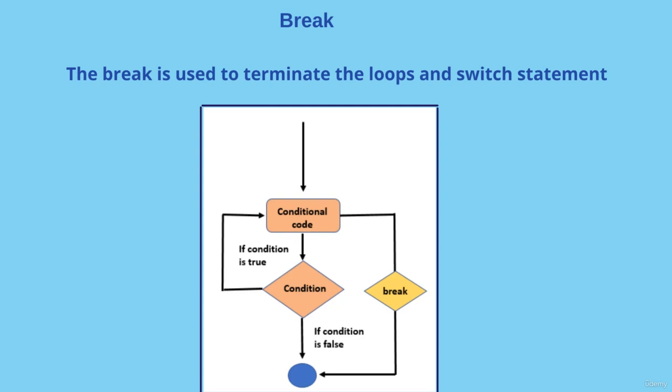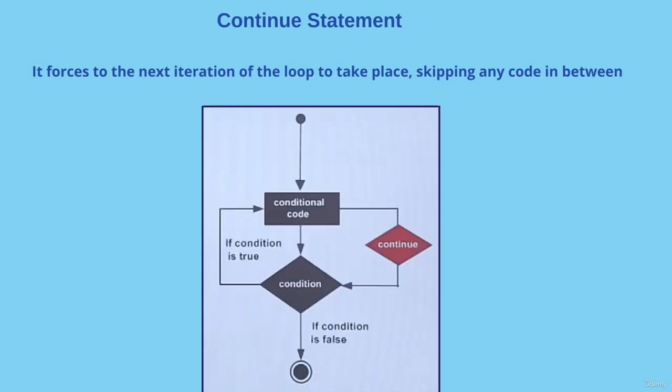Maybe the break would have its own condition that you can pass inside the loop. So this break can either terminate the switch statement, which we have already seen, or it can also terminate the loops, which we'll see in this execution. But before that, let's talk about continue as well. Break terminates the execution of a loop, while continue only skips a particular cycle.